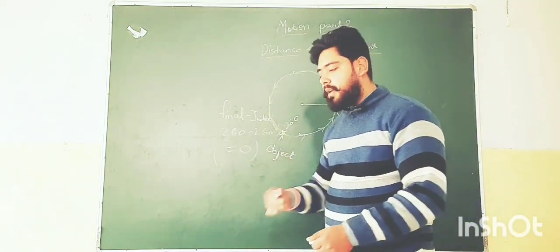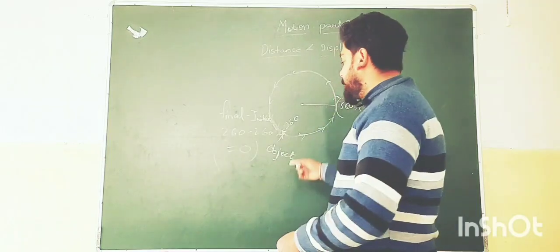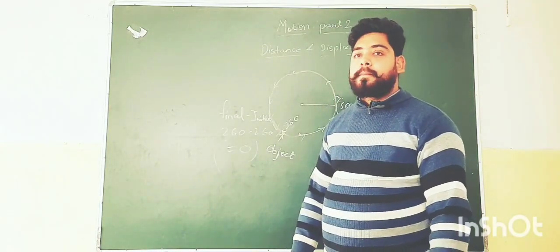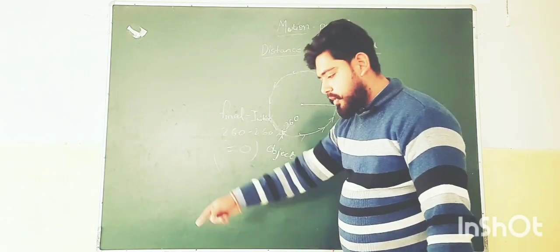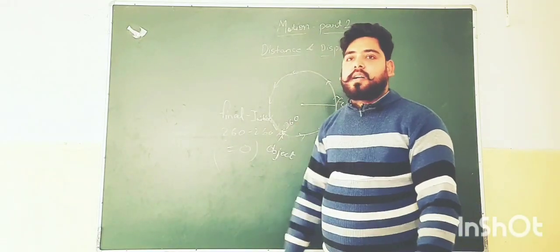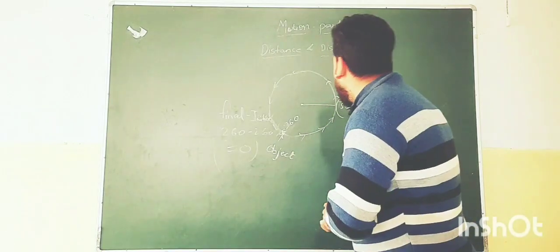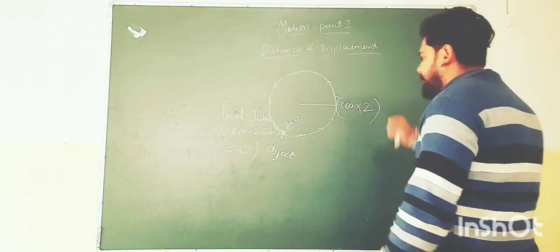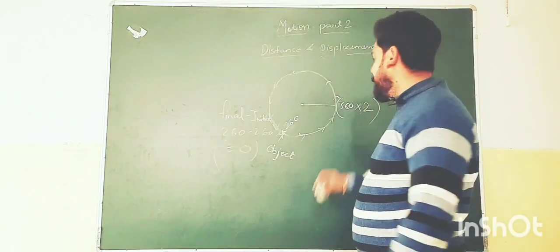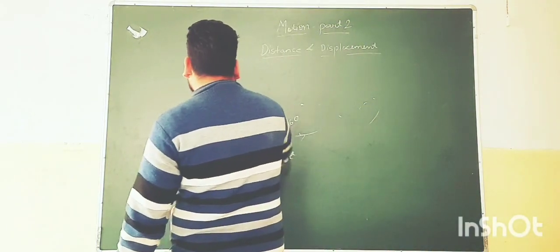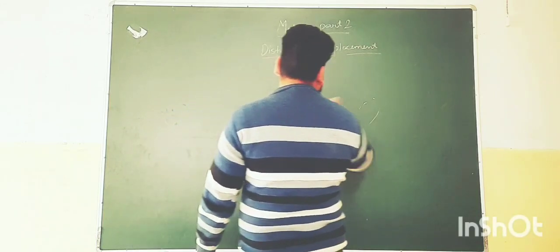Total I have traveled 6 feet, but for the displacement there will be 0. Why? Because I came to my own place again where I was standing earlier. Understand? So that's it, beta. Till here we understand. Now distance and displacement are cleared properly.